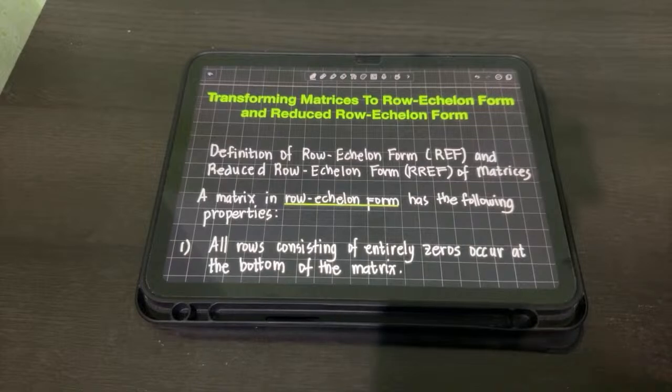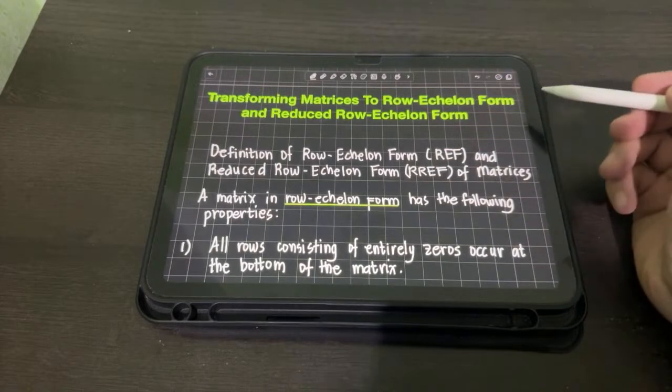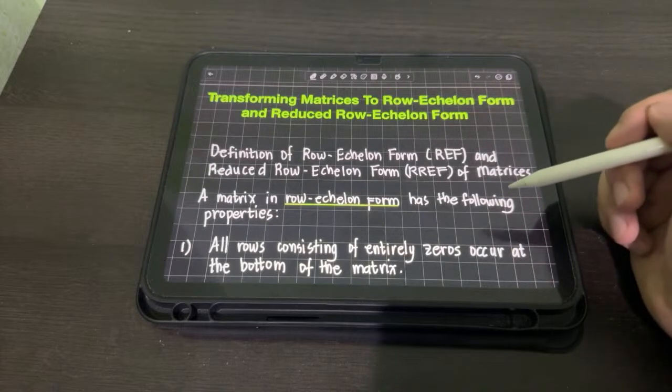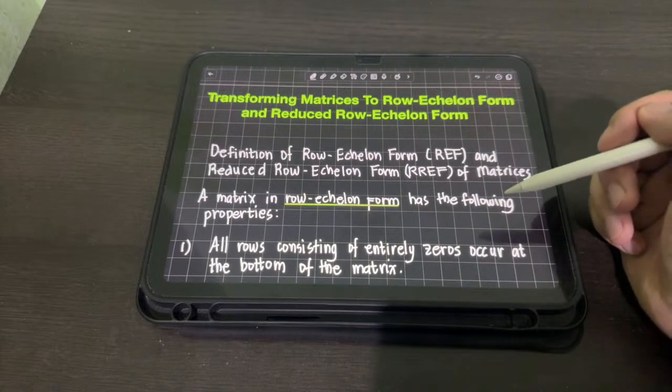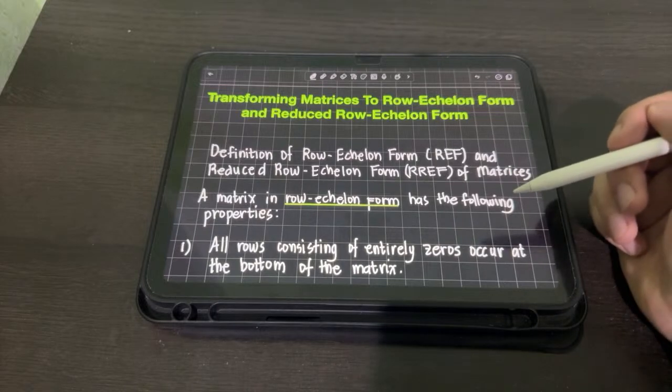If you haven't watched that yet, I will just put the link in the description, because it's important that you already understand the concept or the properties of row echelon form and reduced row echelon form for you to better understand this topic. Okay? So I will just put the link in the description.